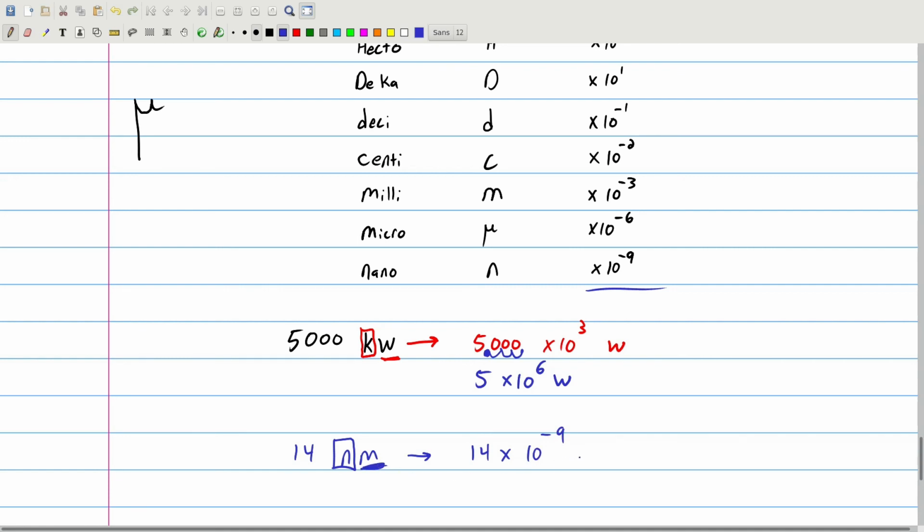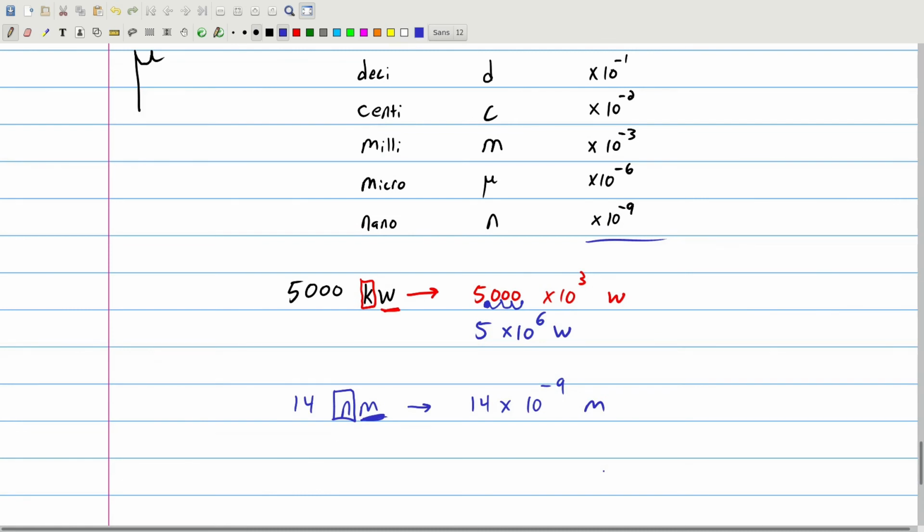Don't forget to bring along the meters. So this is 14 times 10 to the negative 9 meters. Again, not quite right scientific notation. So this is going to need to not be 14, but 1.4 times 10 to the, it starts off at negative 9, but we moved it one more time. It was bigger, which means we need to add 1 to this, which means it's going to be a negative 8 meters.